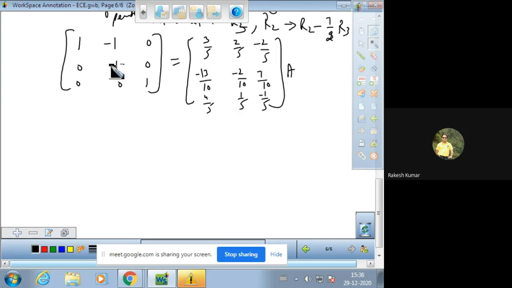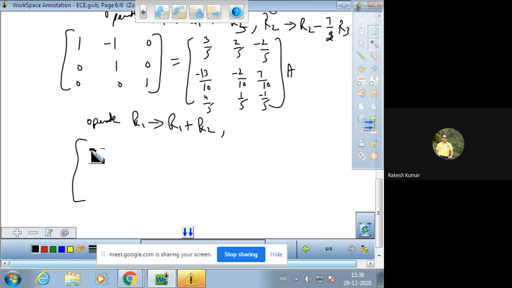Now the only aim is minus 1 is to be made 0, and for this minus 1 comes in first row. So for making this as 0, you just need to add with this. So it is a very simple step now. You just need to add R1 with R2 now.